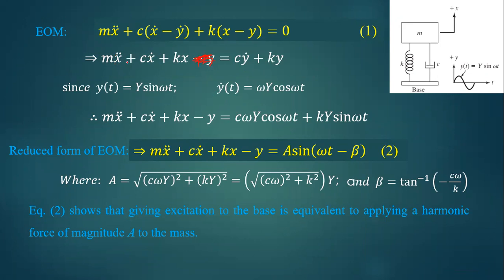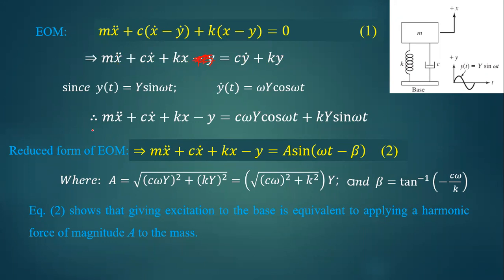So we have m x double dot plus c x dot plus k x, which is equal to c y dot because of this term, and k y because of this term. So we have m x double dot plus c x dot plus k x equals c y dot plus k y. So this is the governing equation of this system.